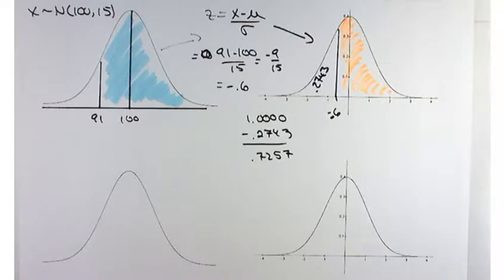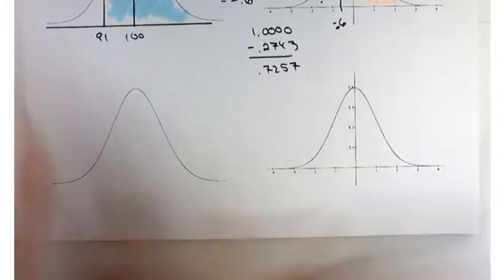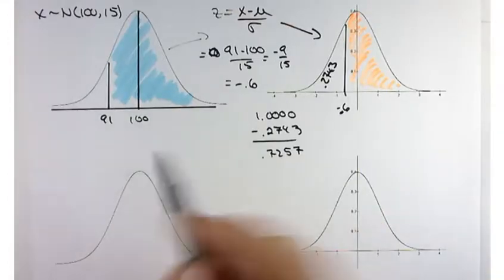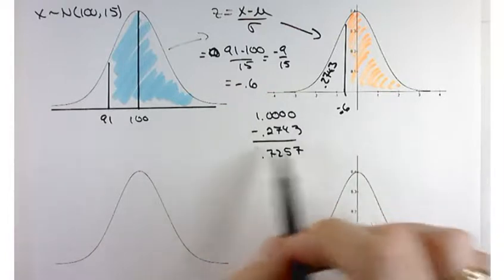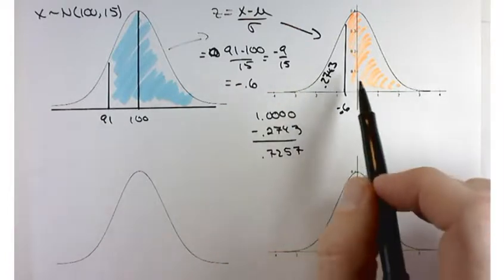Now I was asked by somebody who is about as good at art as I am, are we going to have to draw these things on the test? Well, I'll provide you with what I'm providing you here, and that is these curves already sketched out. I would strongly suggest that you do fill them in because it gives you a rough guide. If you gave me as an answer 0.2743, that should be obvious to you.